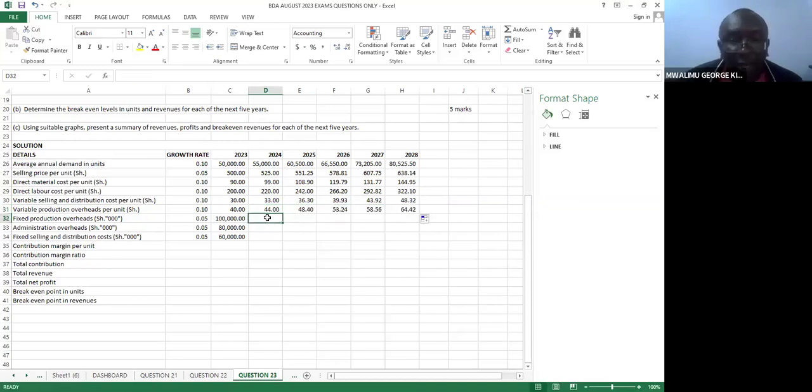Then we come here, equals this amount times, open the brackets, 1 plus this F4.